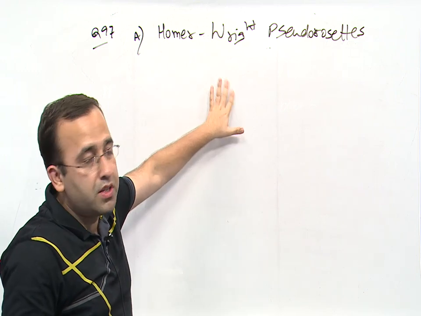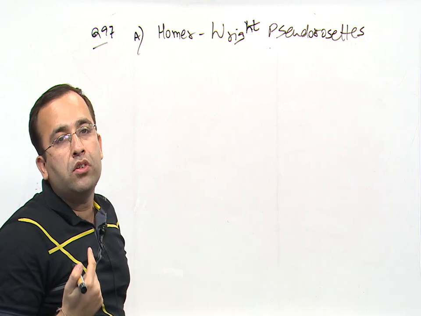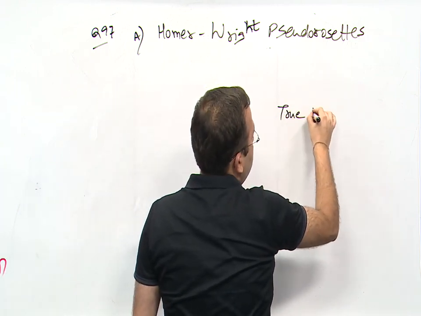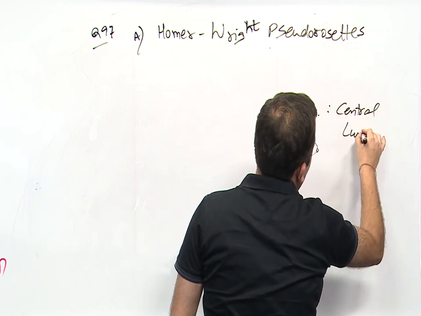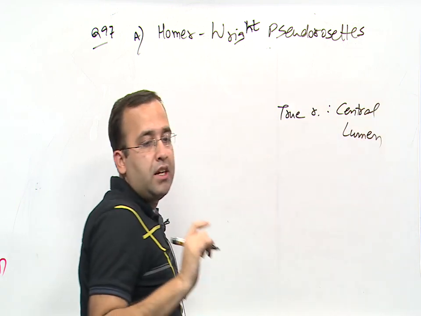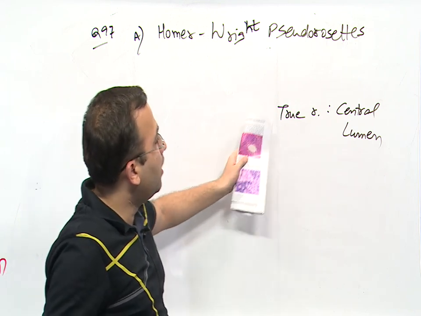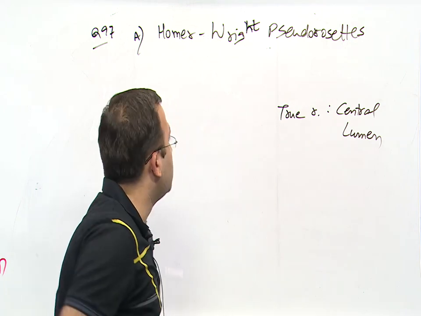See, first point, what is a true rosette? A true rosette has a central lumen. I'm not saying it is a blood vessel, it is a central lumen. Anything other than a central lumen is a pseudorosette or a false rosette.